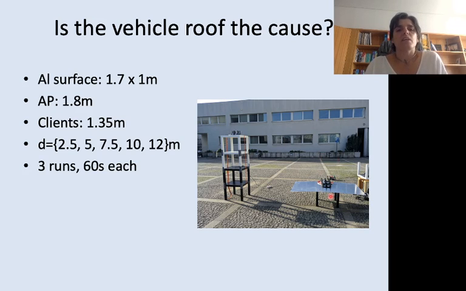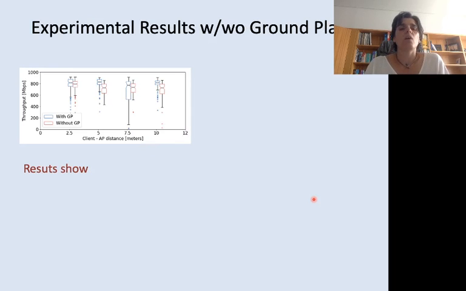We measured this setup statically at 5 distances, ranging from 2.5 to 12 meters. We did 3 runs at each distance of 60 seconds each. So now, what does it look like when we compare results with the ground plane with results without the ground plane?